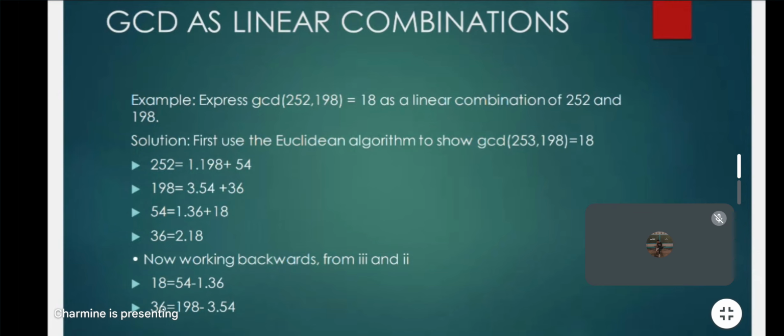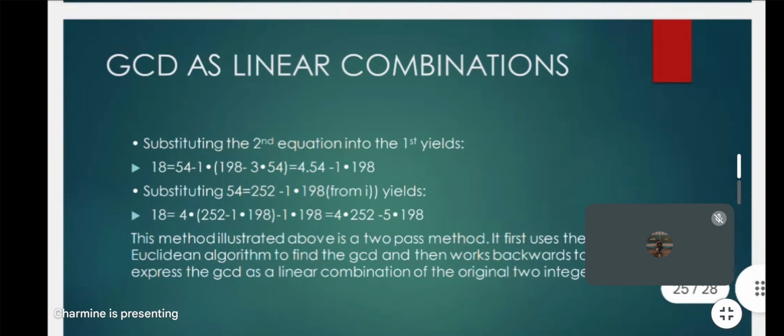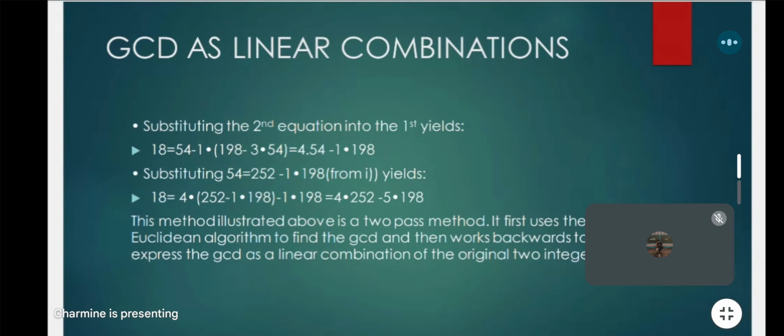So this is an example and solution of GCD as a linear combination.